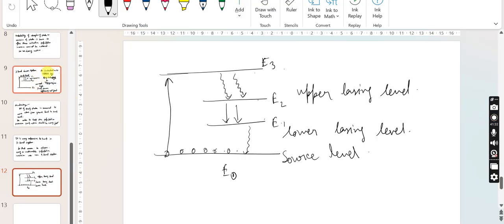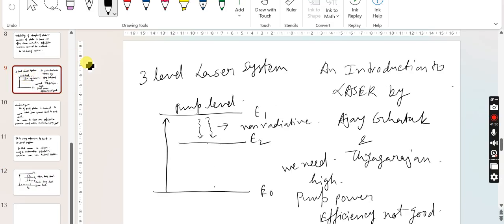We were needing extremely high pump power because the source level and lower lasing level were the same level. So to keep the population inversion state was very hard. The pump had to be high power and very expensive.